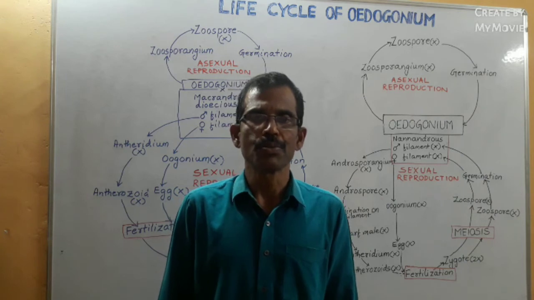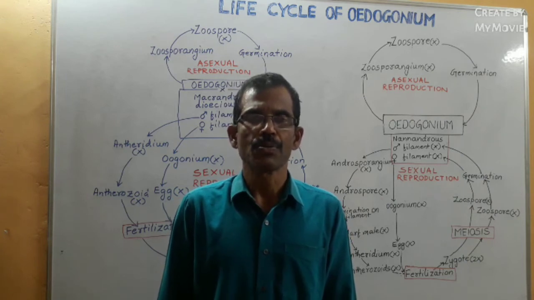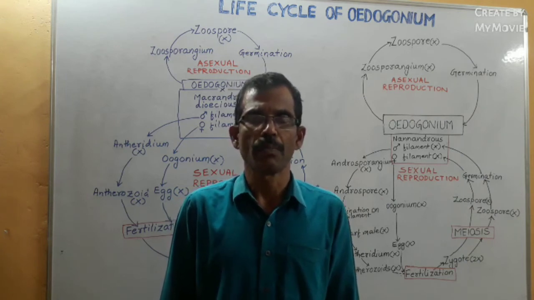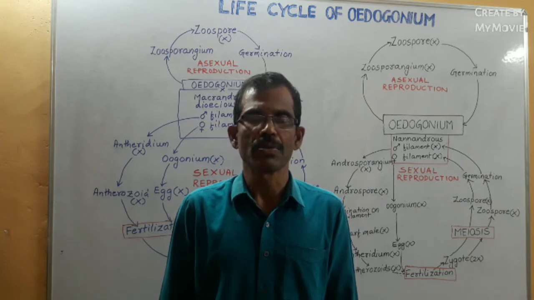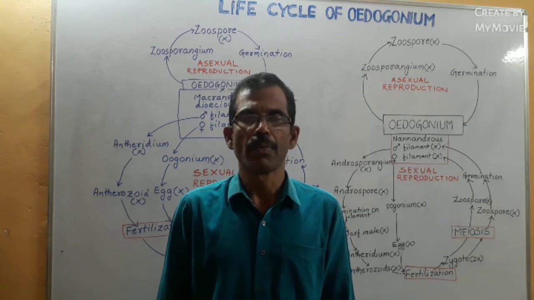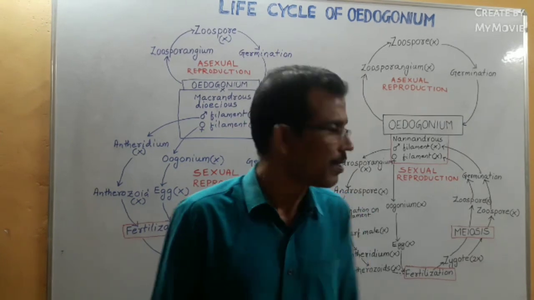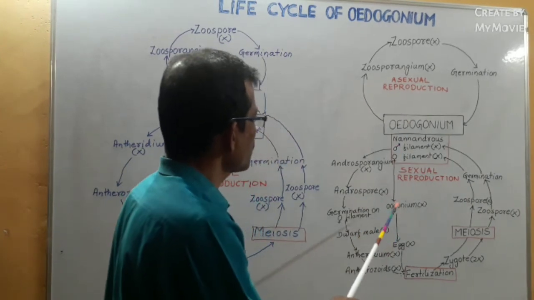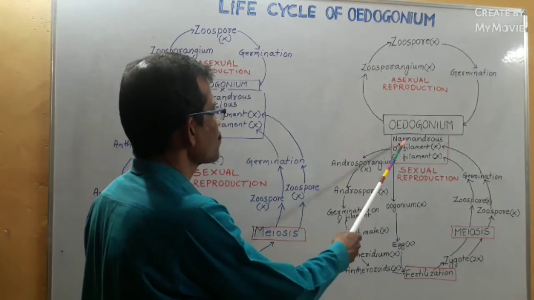In Gynandrosporous species, androsporangia and oogonia are borne on the same filament, whereas in Idioandrosporous species, androsporangia and oogonia are borne on different filament. This diagram represents the life cycle of Nannandrous species.